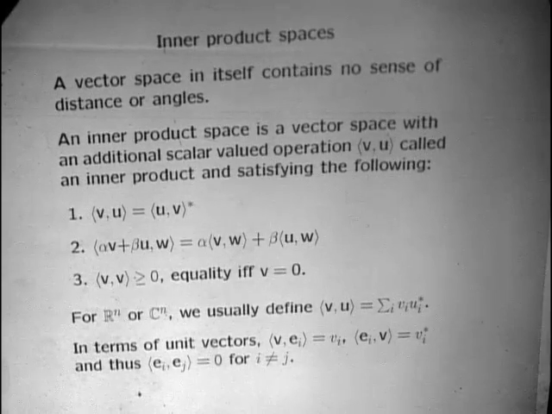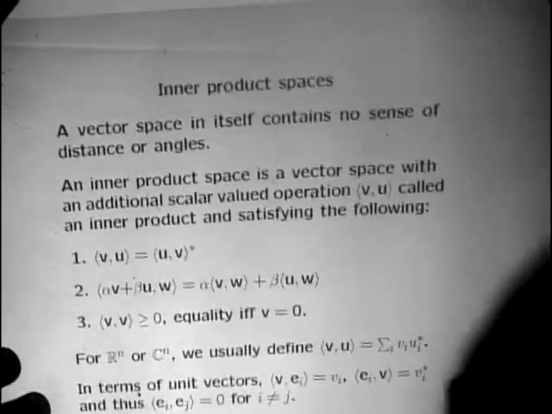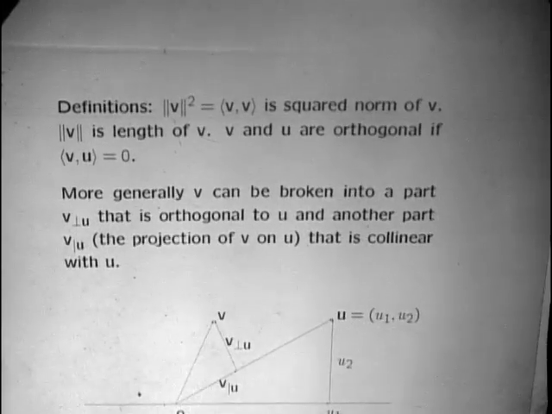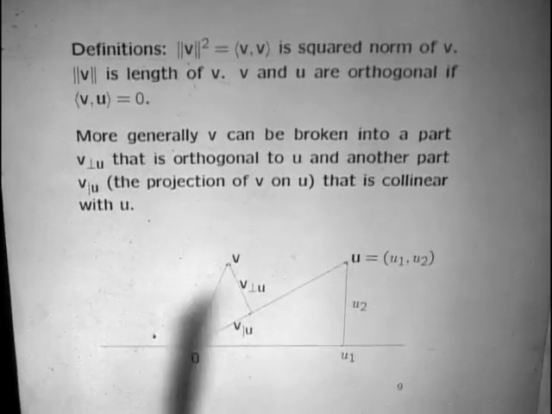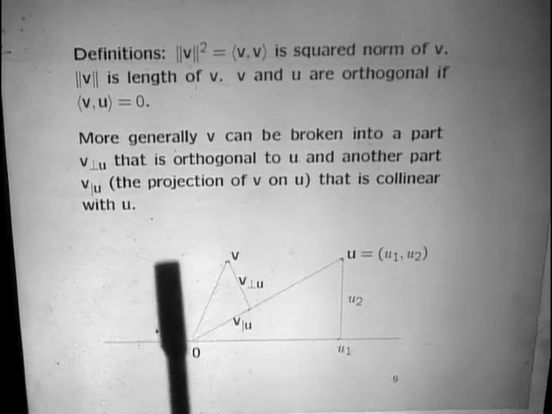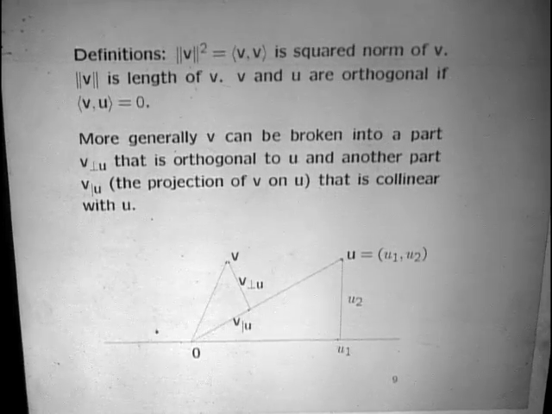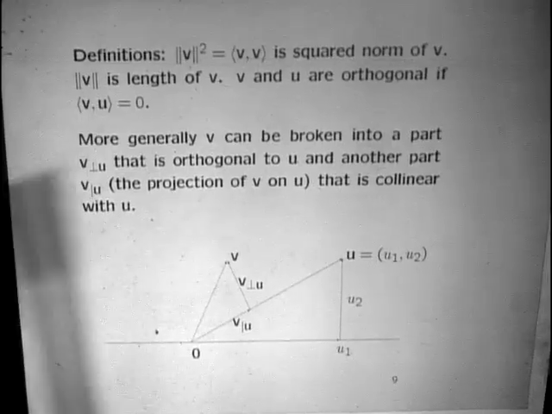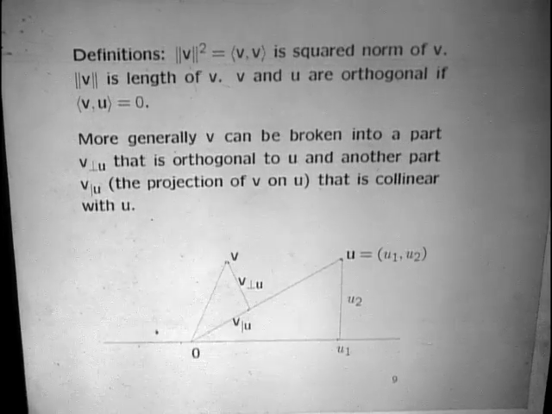You like to draw one here and one there. And that's what we mean by perpendicular, which is the 2-dimensional or 3-dimensional word for orthogonal. Okay, so we have a couple of definitions. The inner product of V with itself is called the inner product of V squared, which is called the squared norm of the vector.